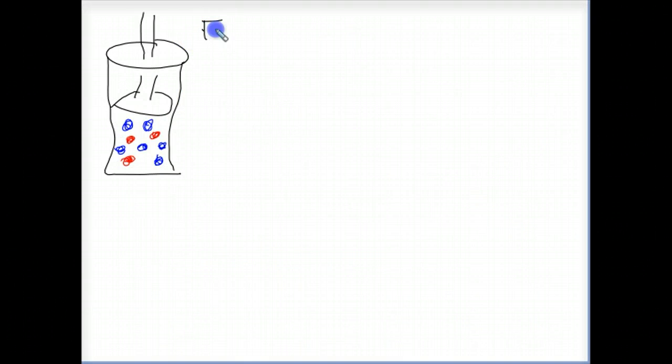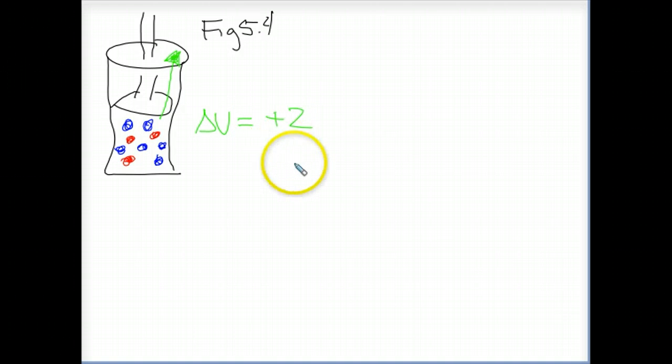So if you look at figure 5.4 in your book, which is much prettier than mine here, and something happens inside our system such that this piston is forced up, like what we see happen in a car, then my delta V becomes greater than 0. So we'll say it doubles in size.